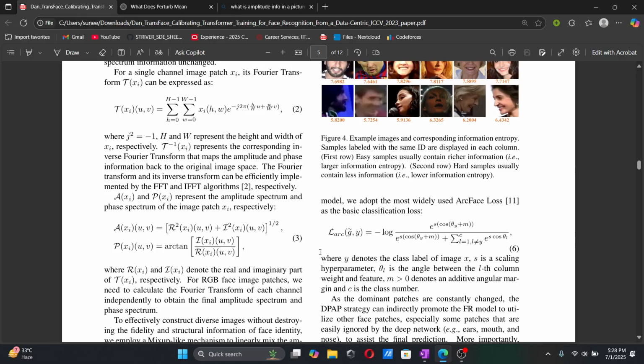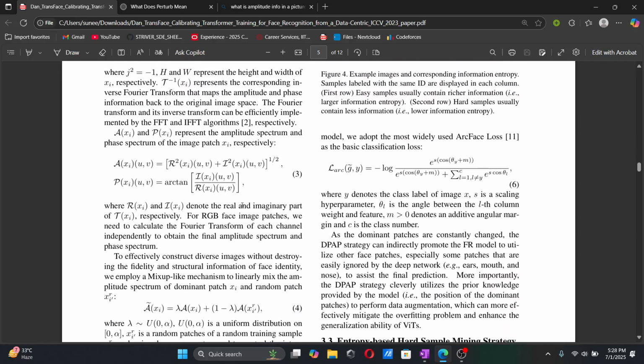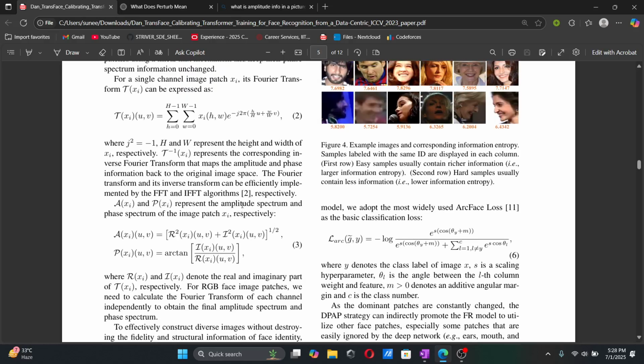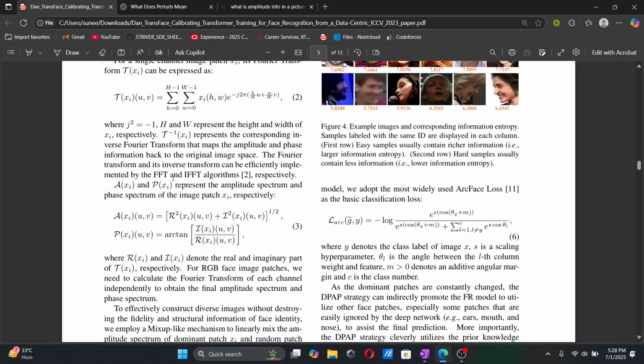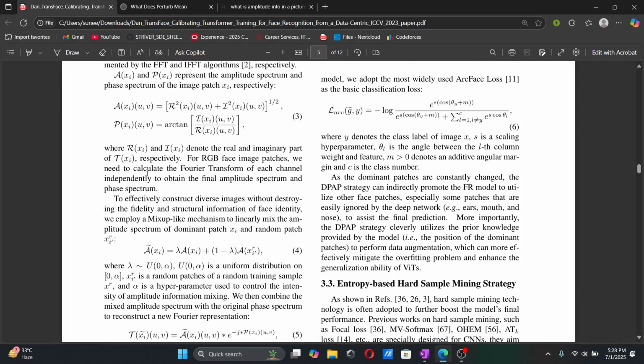Okay, let's get better. So this is something about Fourier transform. I don't know what Fourier transform is about. Okay, let us just say we have the amplitude spectrum and phase spectrum of the image from Fourier transform.